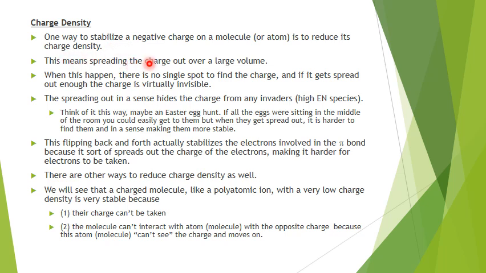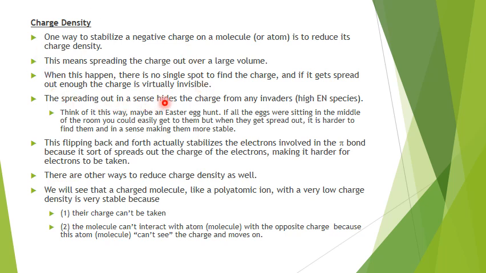What this means is spreading the charge out over a large volume. So it's like taking an electron and spreading it out over the molecule. When this happens, there's no longer a single spot to find a charge, and if it gets spread out enough, the charge virtually is invisible. It's still there, but you can't find it because it's spread all out.